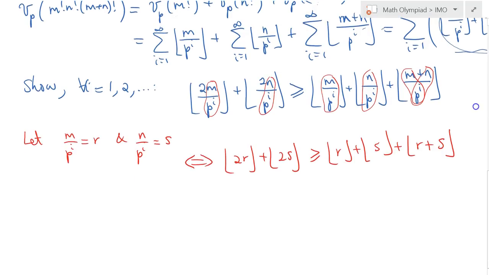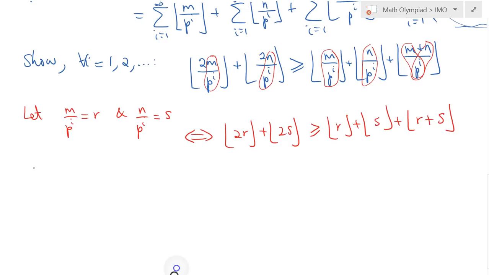But that shouldn't be too hard, because first of all, I claim that I can focus my attention for r and s on the following range. Restrict attention to, focus on this range.